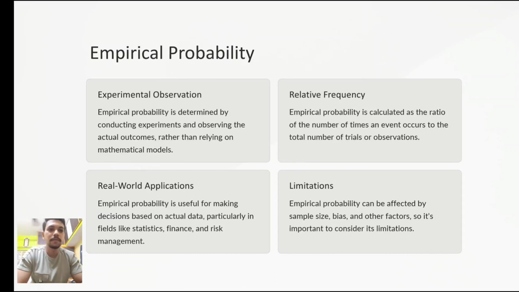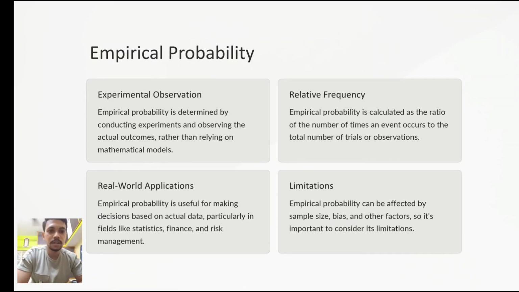Relative frequency, it is calculated as the ratio of the number of times an event occurs to the total number of trials or observations. And real world applications, it is used for making decisions based on actual data, particularly in fields like statistics, finance, and risk management.